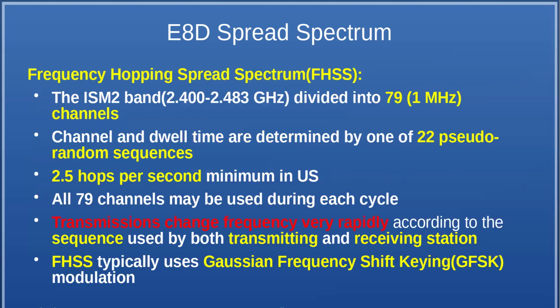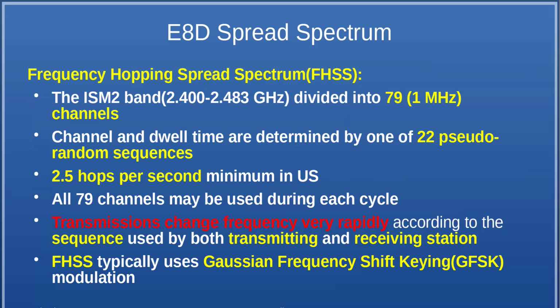So the one type is frequency hopping, and they divide up the band that they use, the ISM band, which is, I forgot what the I was, something service and medical, but it's a kind of up-for-grabs band that everybody uses.